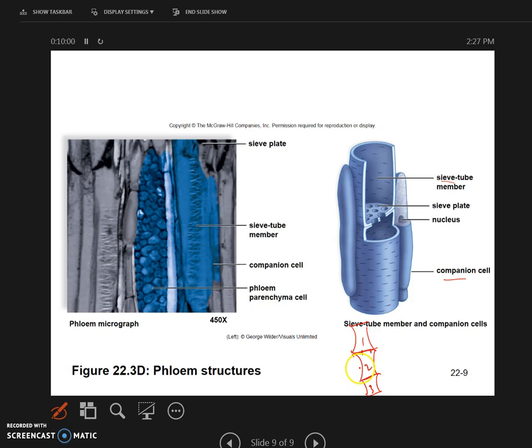So these transport the products of photosynthesis, those are sugars and amino acids, from one place to another, all right, especially from the leaves to the roots.